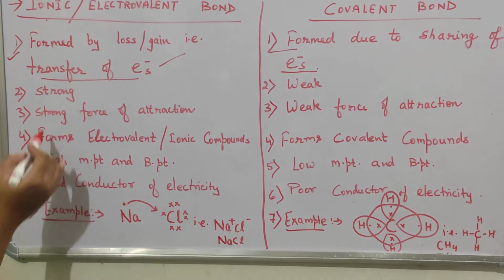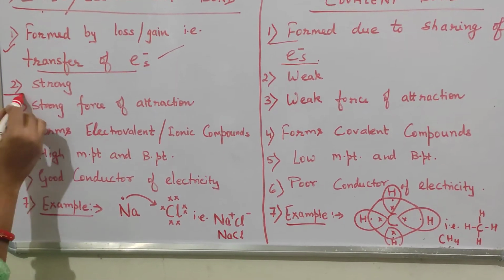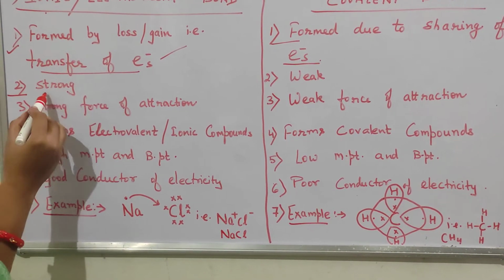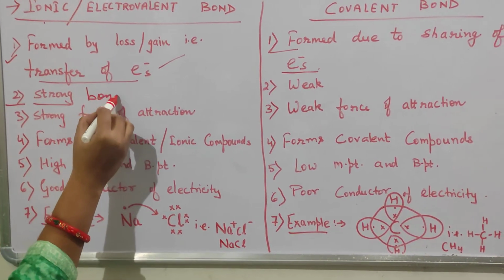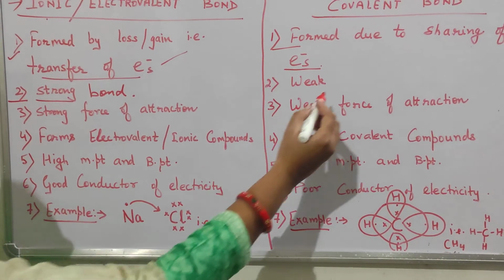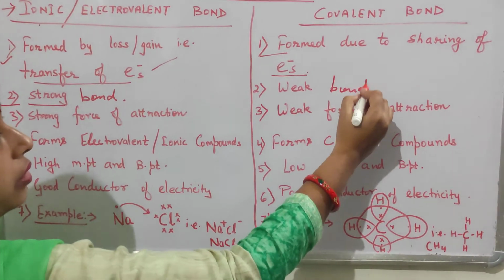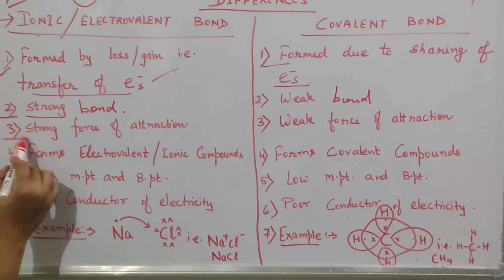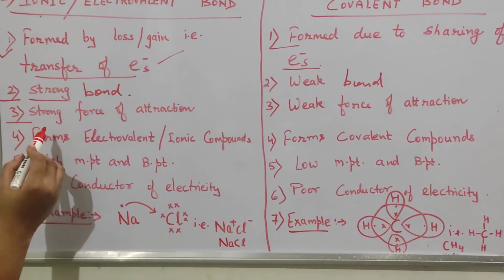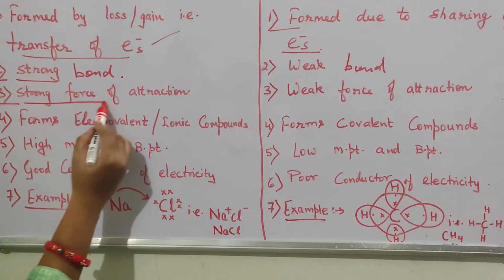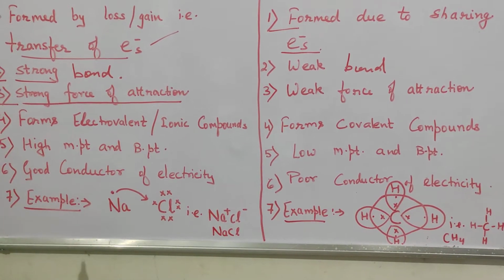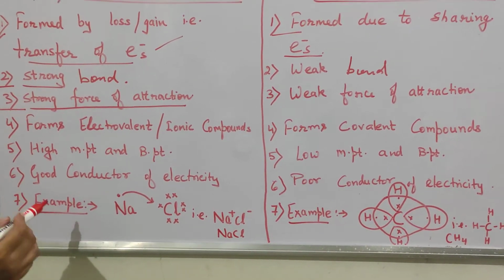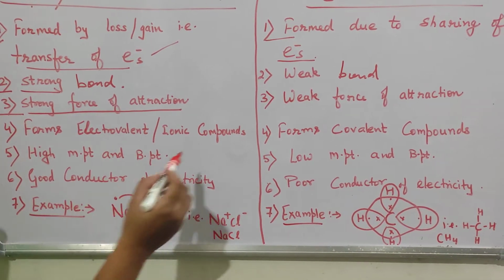Now second we will start with its property now. Second, electrovalent bond is a strong bond. Covalent bond is a weak bond. Now we are doing comparison as well. Third point, electrovalent bond possesses a strong force of attraction between the atoms involved in the compound.